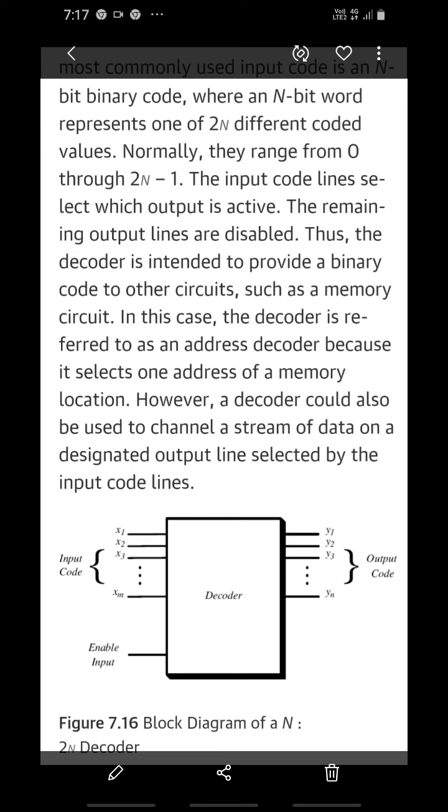However, a decoder could also be used to channel a stream of data on a designated output line selected by the input code lines.